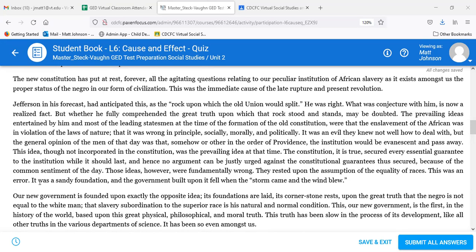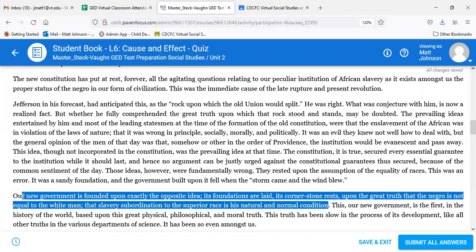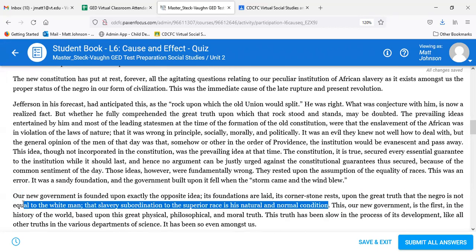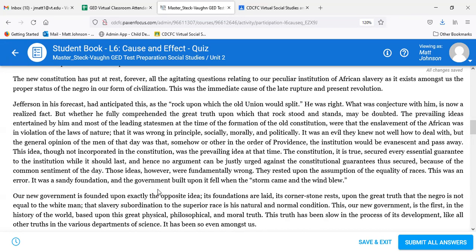He's telling everybody it is about white supremacy. It is about maintaining the white race over the black race. Slavery, subordination to the superior race is his natural and normal condition. So any argument other than the fact that this was about slavery is just not true.